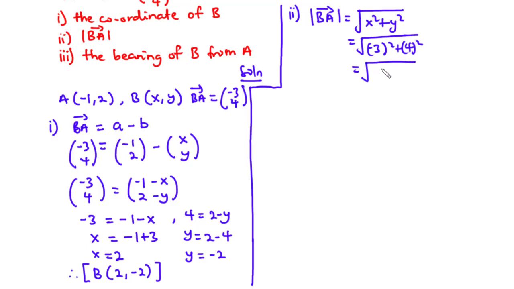So this becomes 9 plus 16, which is equal to the square root of 25. And then finally, we have our answer to be 5 units.